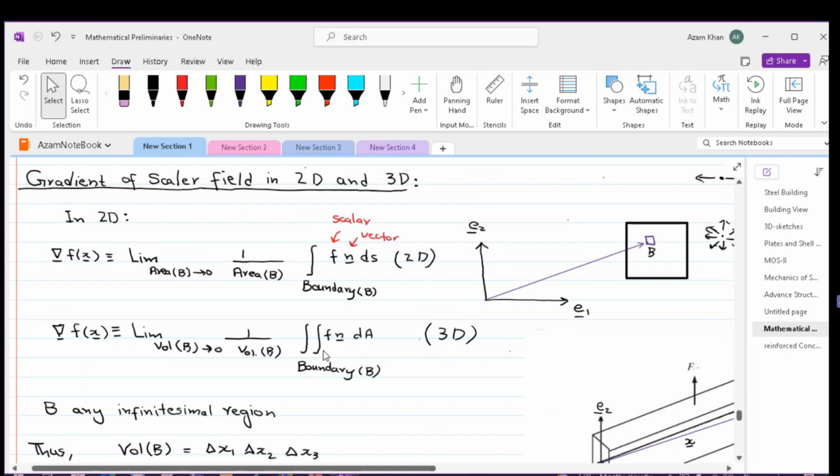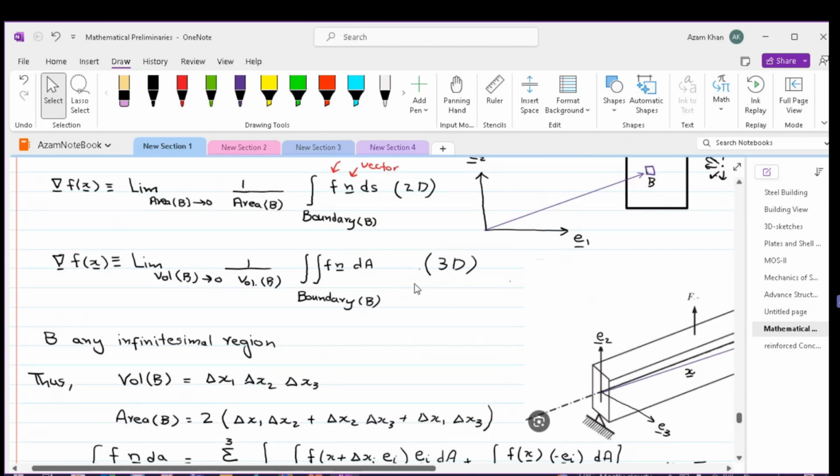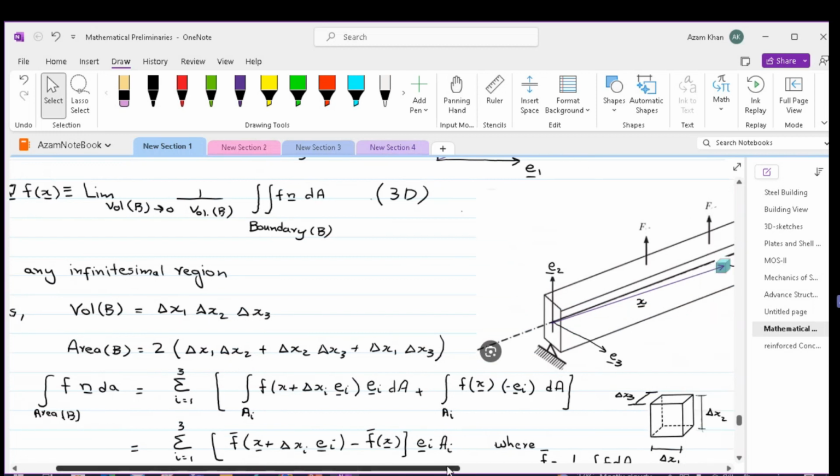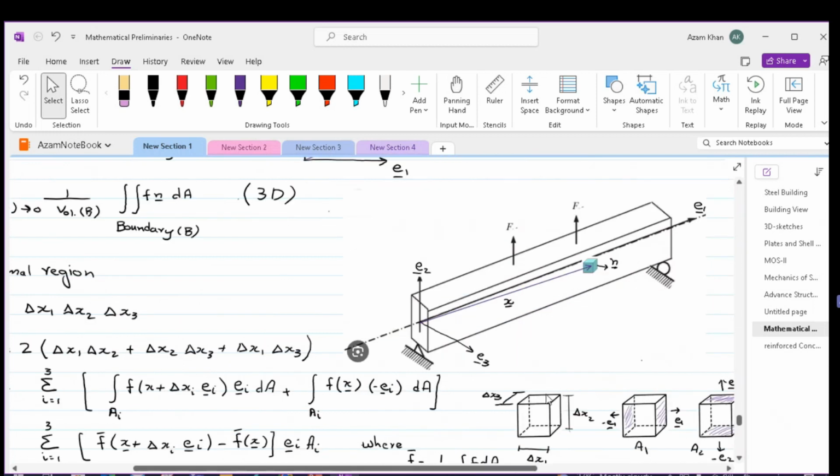A similar logic can be applied in the case of 3D setting, where we have again a function. This time we take a small volume, and we multiply the function with the surface area of this volume or this box, and then multiply that with the unit normal vector, and integrate it about the whole area.